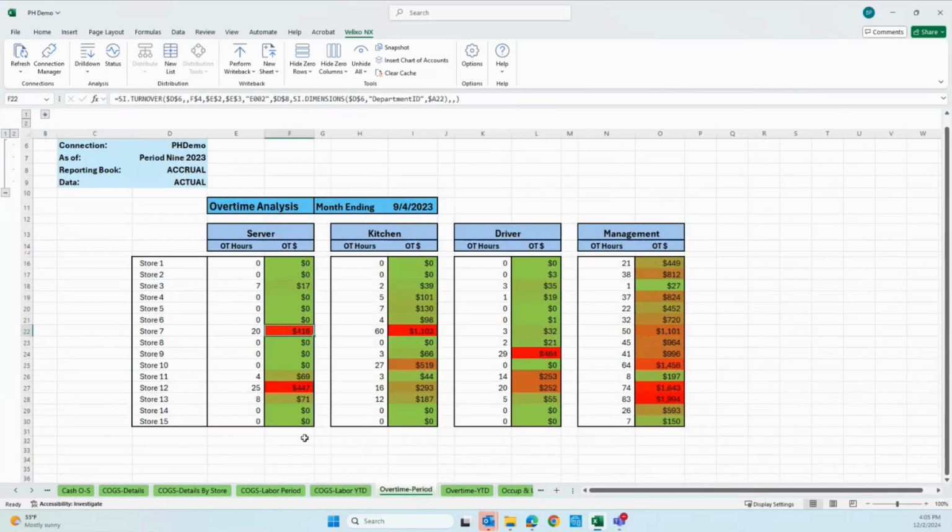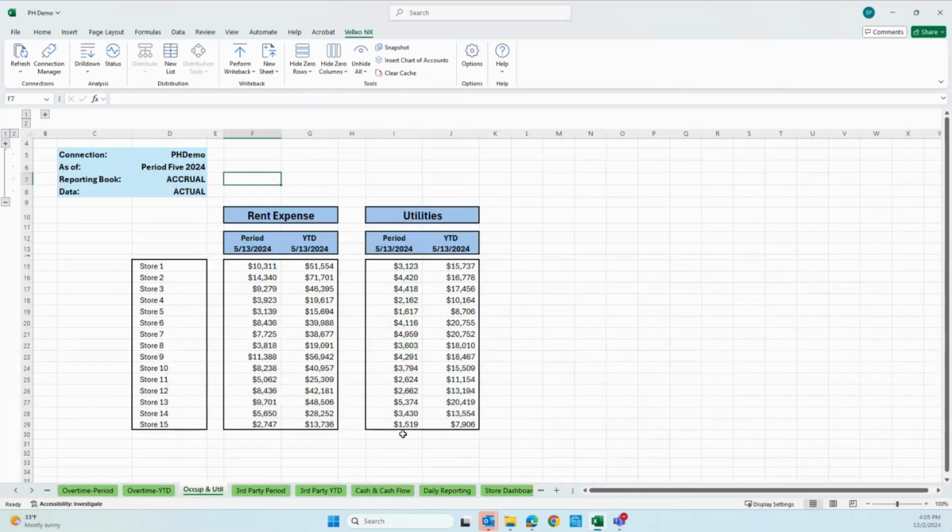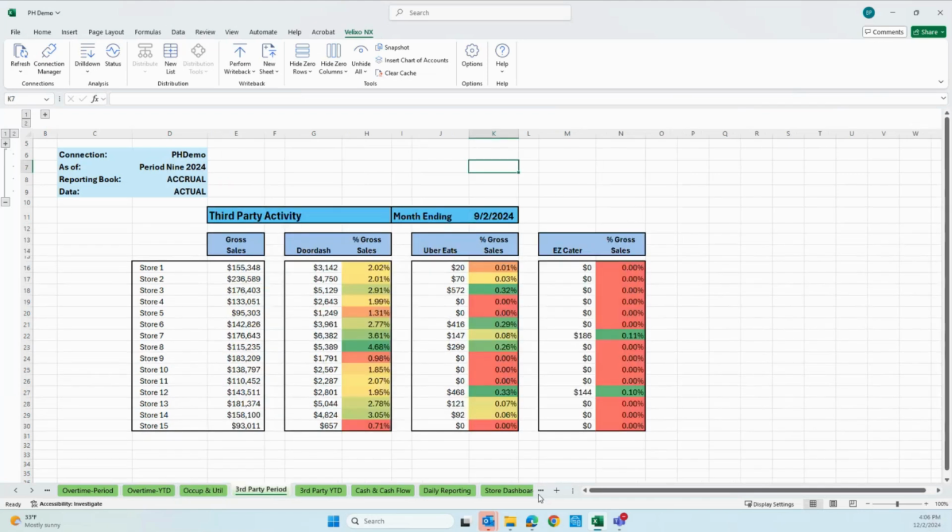You can look at overtime activity as well, in addition to occupancy and utility spends. So here is rent expense and utility expenses. You could do those as a percent of sales, but more than anything it is just being able to track the overall trend. Another thing that's important in the restaurant space is third-party spends and third-party delivery activity.